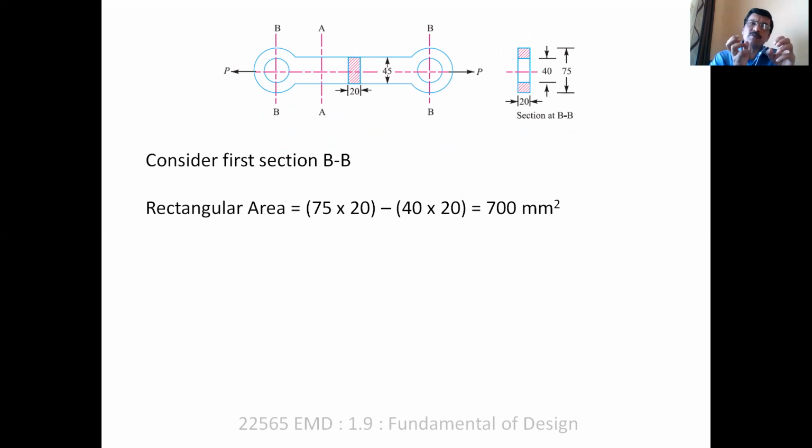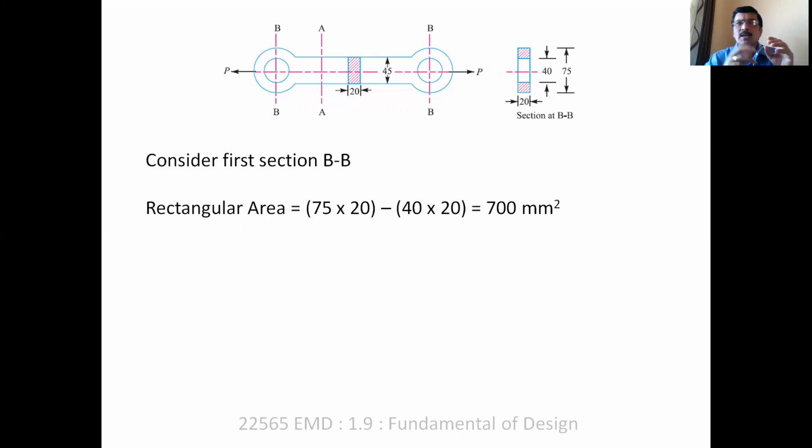So 75 by 20 is the bigger one, and we have to subtract that hole area. So it is 40 by 20. So the remaining, you can see that hatching line over there in the figure. So that hatched area is the actual area at BB, because there is a circular hole. So now the rectangular area becomes 700 mm square.